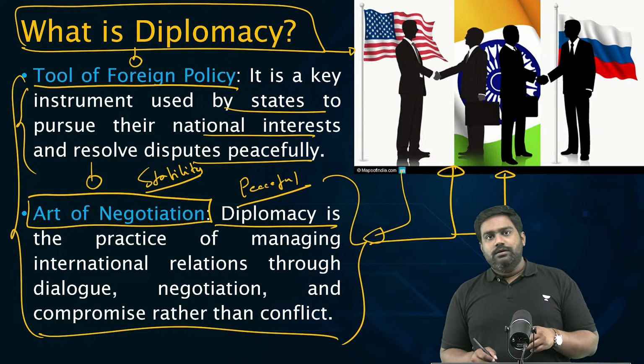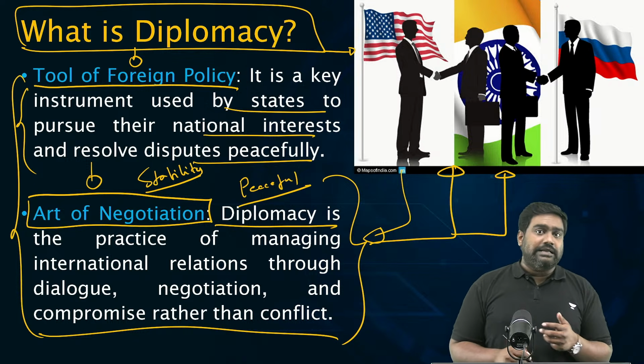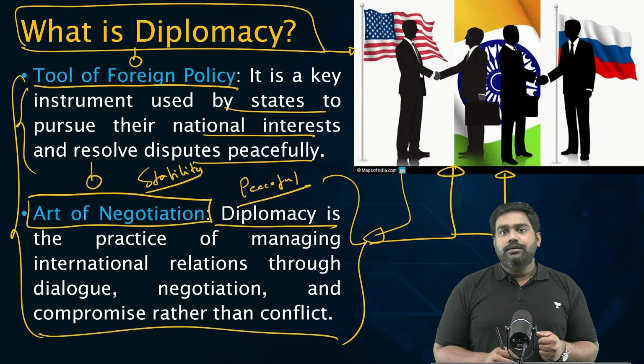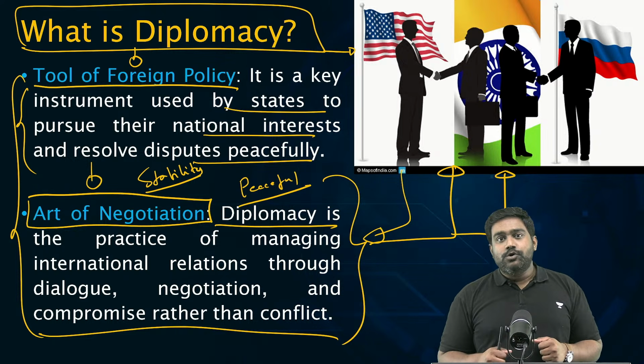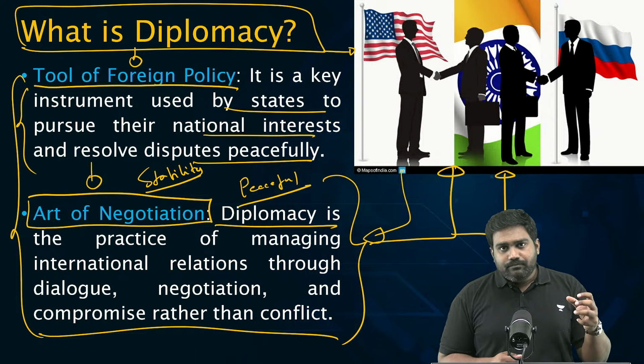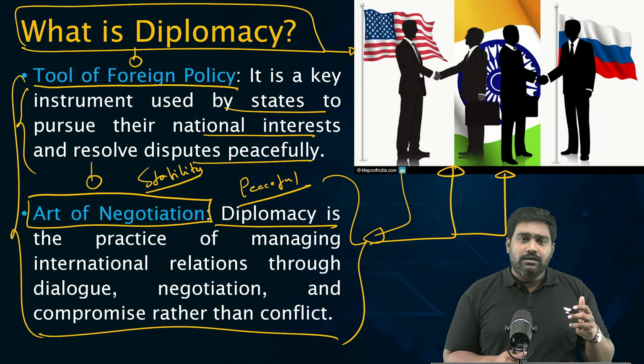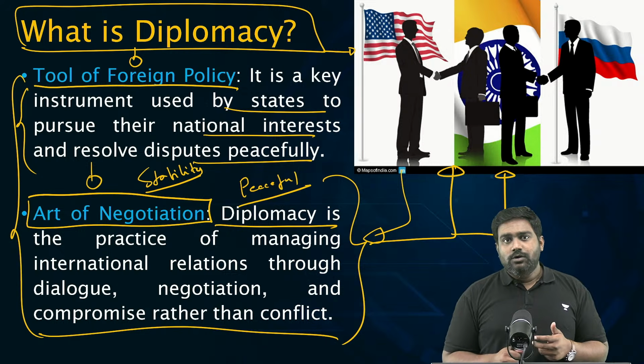The art of negotiating doesn't come to every country. If your government has a well-established foreign policy rooted in strong principles, if it has well-groomed leadership and a cadre of diplomats who are well seasoned, experienced, right?